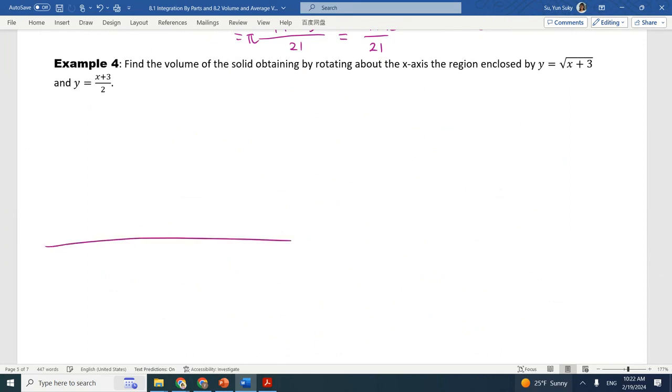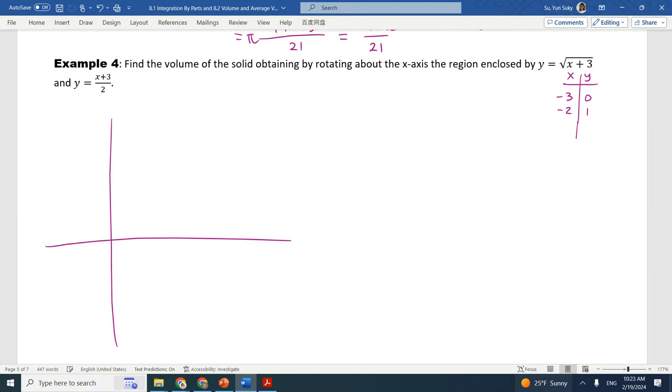So we plug in some x and y. What is the smallest x it could be? Minus 3. Then y is 0. And then the next x value, you want an integer? Minus 2. Then you got 1.